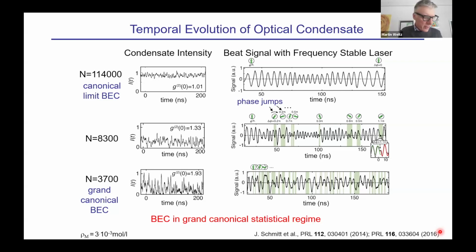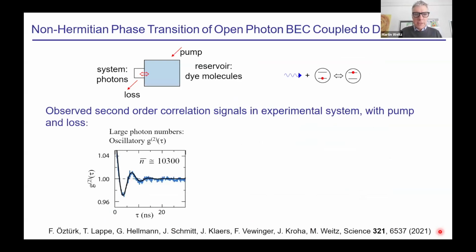I will now, in this subsequent second half, talk about more recent experiments: non-Hermitian phase transition, and applying variable potentials. So let me directly start with the non-Hermitian phase transition.